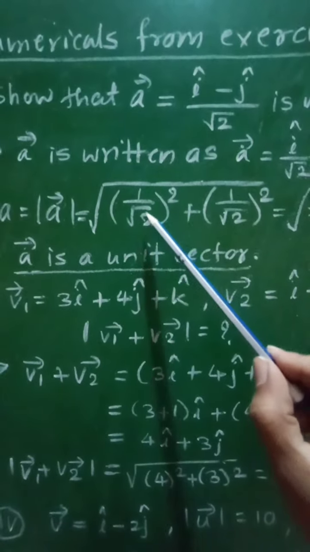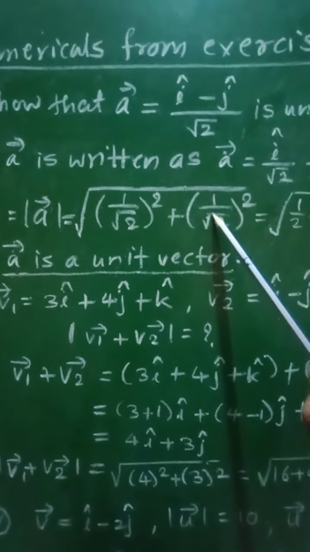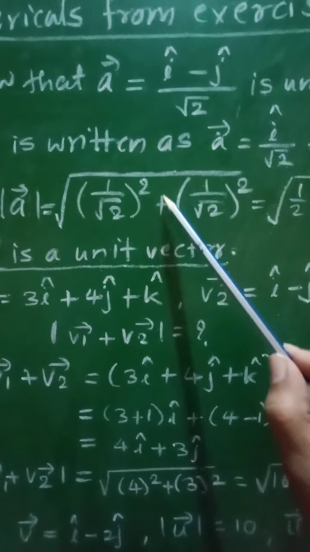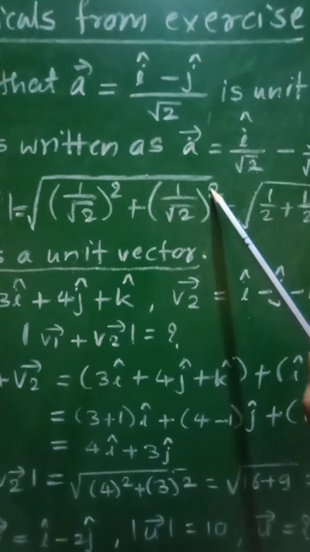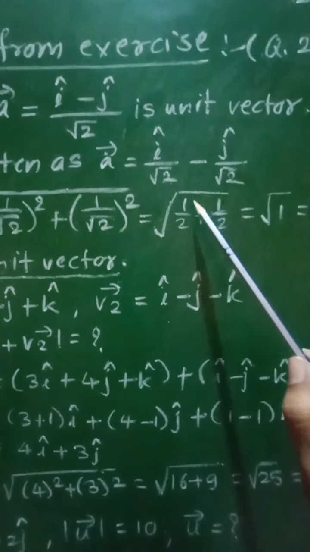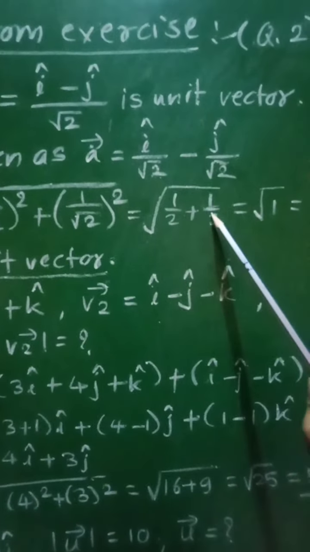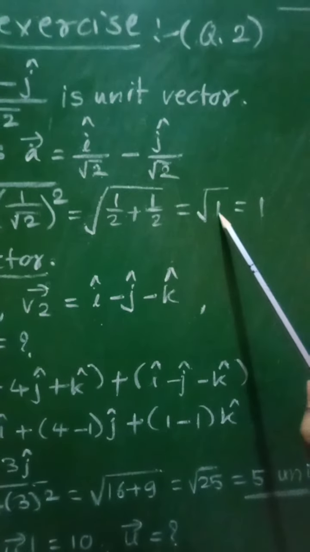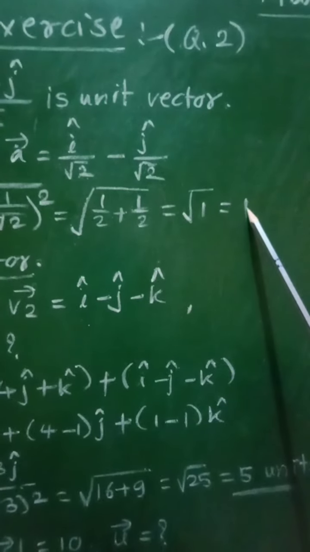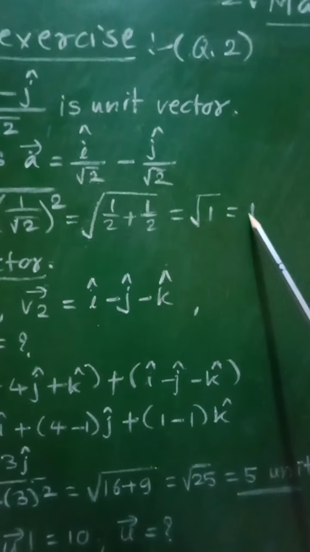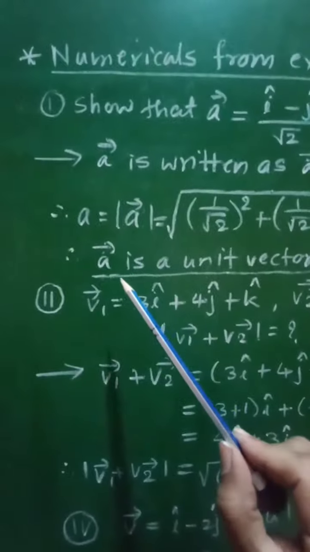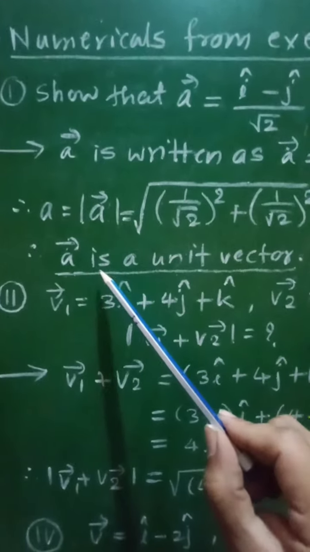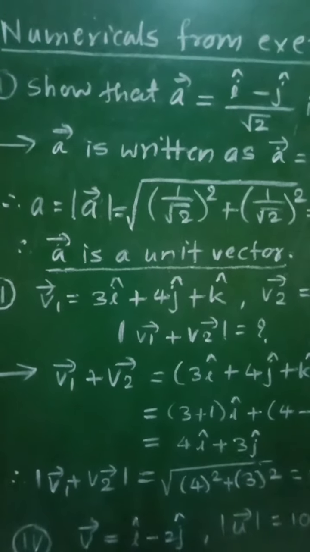But ax is 1 by root 2, ay is also 1 by root 2, and therefore we can write square root of (1 by root 2) square plus (1 by root 2) square, which comes out to be square root of 1 by 2 plus 1 by 2, which is equal to square root of 1, and square root of 1 is equal to 1. So magnitude of this vector A is equal to 1, and therefore we can say that vector A is a unit vector.